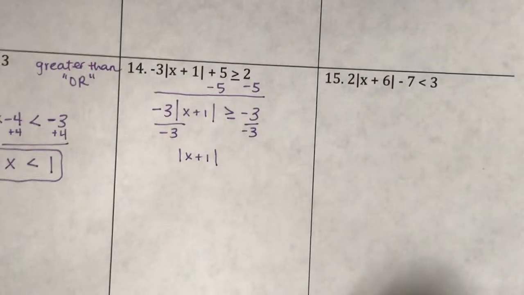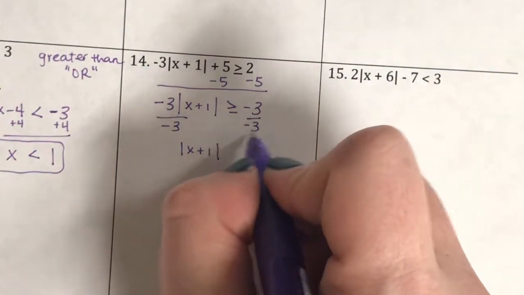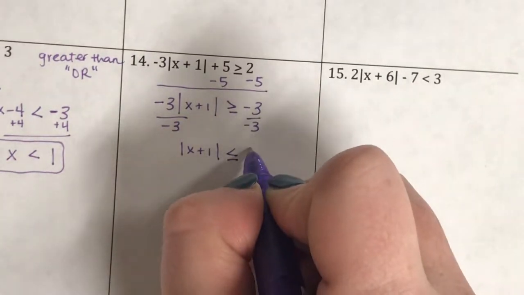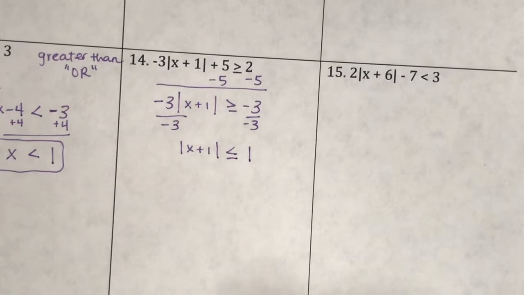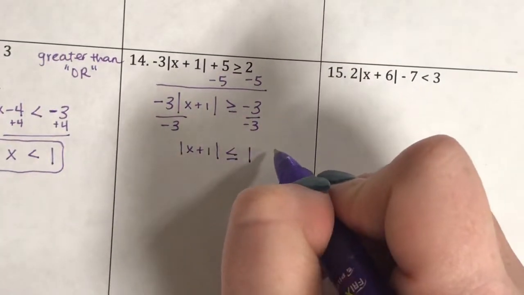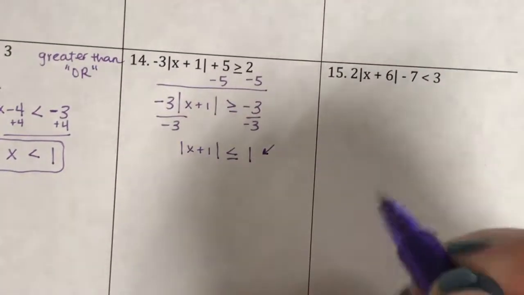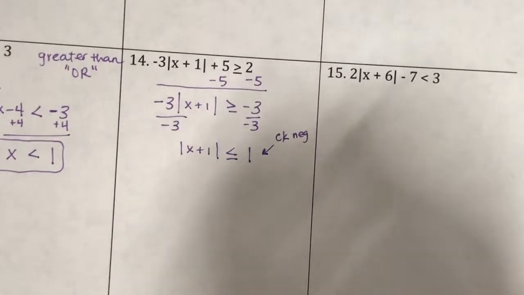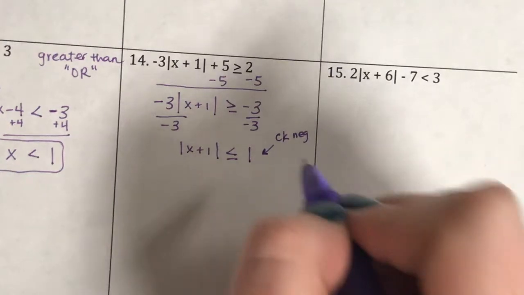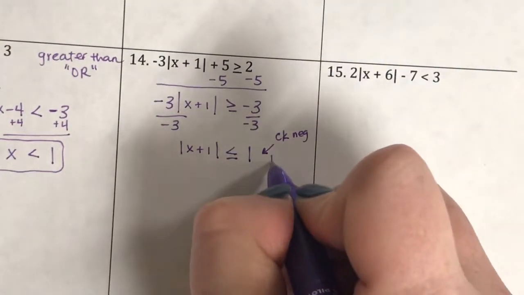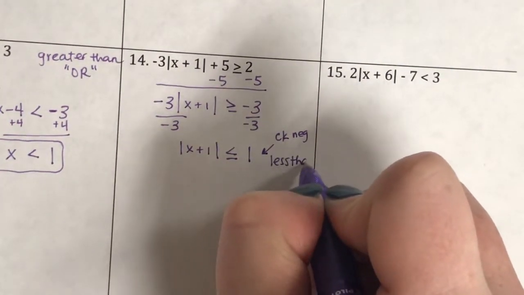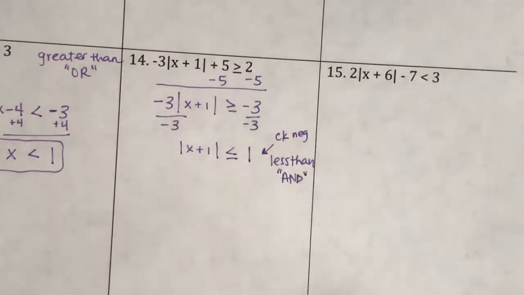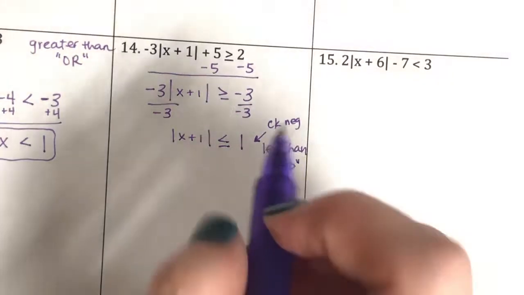So I get the absolute value of x plus 1, and because I divided by a negative number, I have to flip the inequality, and I have a +1. So this step right here is where we want to check for negatives, and where we decide if it's going to be and or. So since this is less than, it's going to be an and statement, which we can write as a compound inequality.